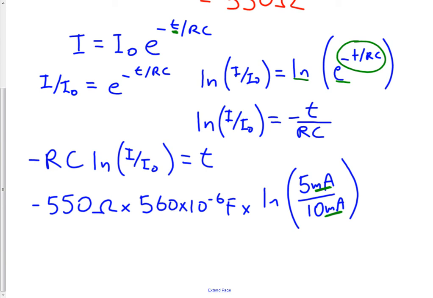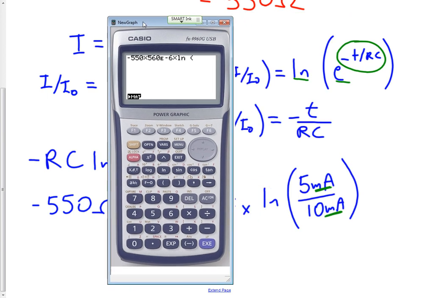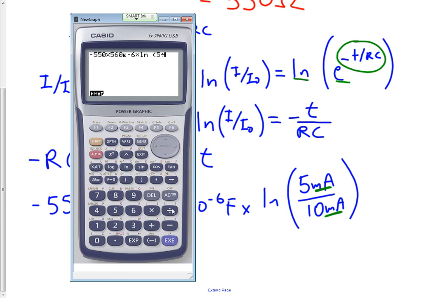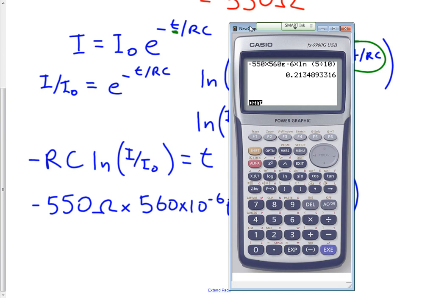So minus 550 times 560 times 10 to the minus 6 times ln of 5 over 10, close brackets, equals 0.21 seconds apparently.